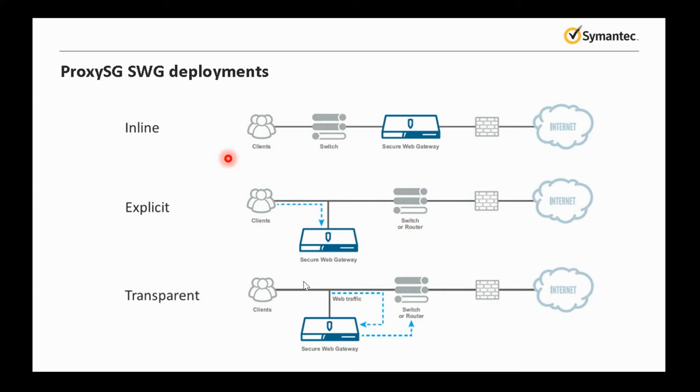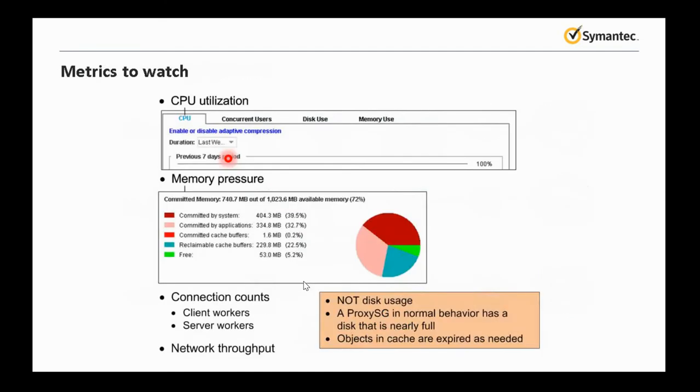Besides that, also find out what the important metrics are that you should pay attention to with your proxy. We saw this slide in the advanced course, but there are several important metrics to watch in proxy, especially when you are doing troubleshooting. One is your CPU utilization.